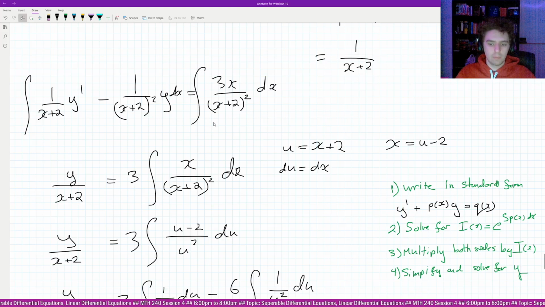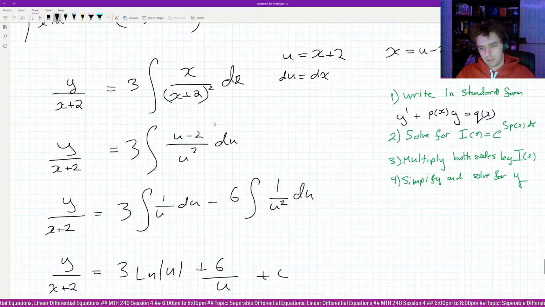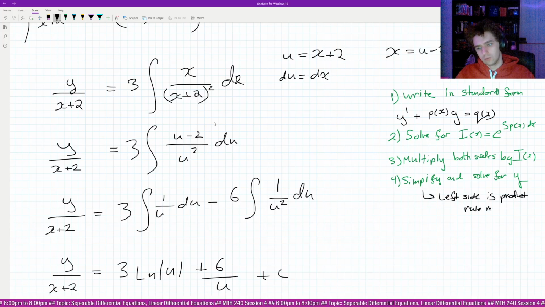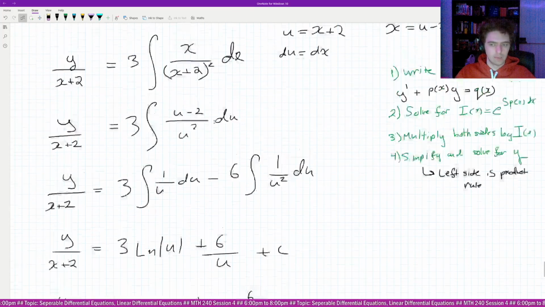And the simplify part, I'll just note here, left side is product rule. Left side is product rule.